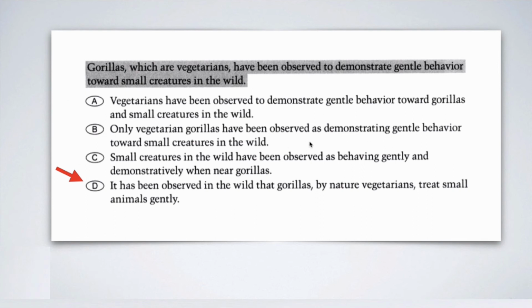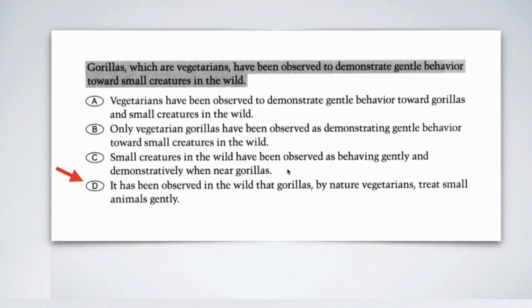Why also is this sentence wrong? Because we see the word only. We remember that when we see only somewhere in the answer choice, we know that the answer choice is wrong, right? We cannot use such a limiting word in an answer choice. So that is why, of course, it is not true. Small creatures in the wild have been observed as behaving gently and demonstratively when near gorillas.